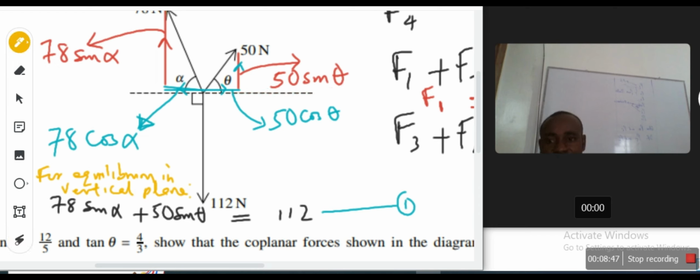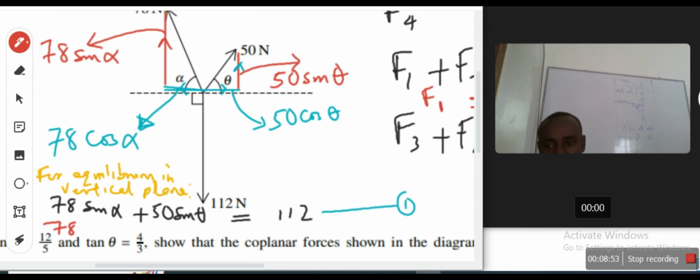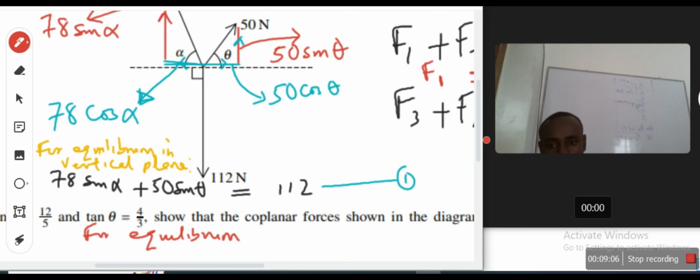Alright, so let me write it down. 78 cos alpha. I think I should just move them a bit. So for equilibrium in horizontal plane, you don't have to write all this anyways.